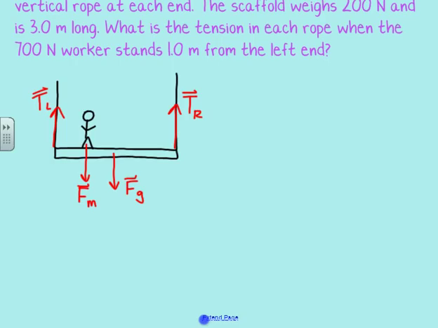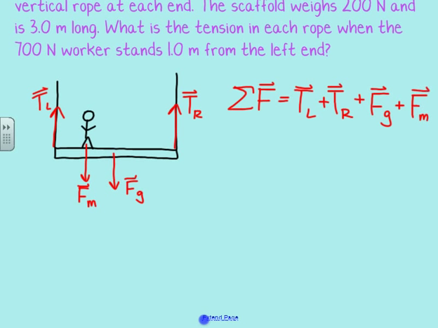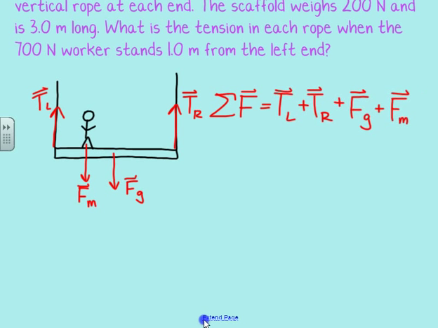So we have 4 forces acting on here, and they're all in the vertical direction, which is wonderful because it means we only need one net force equation. For this net force equation, I have the 2 tensions plus the force of gravity plus the force from the man, and that all added together must equal 0.